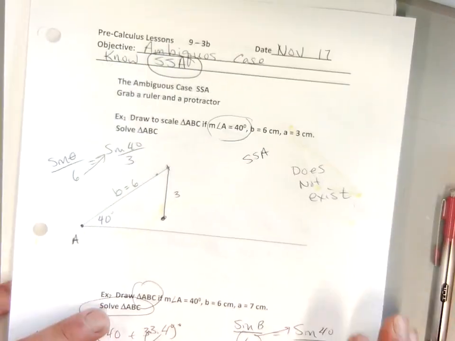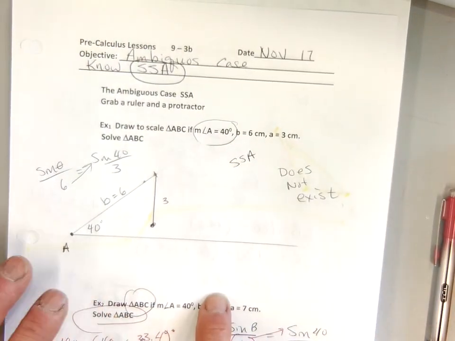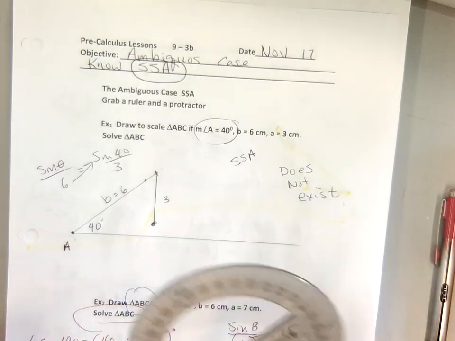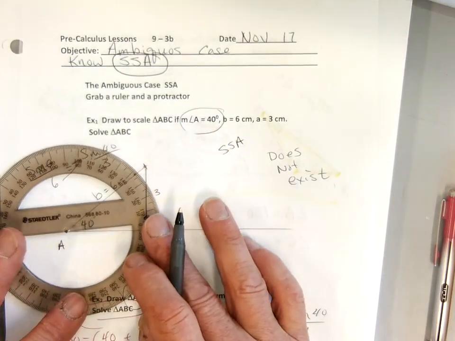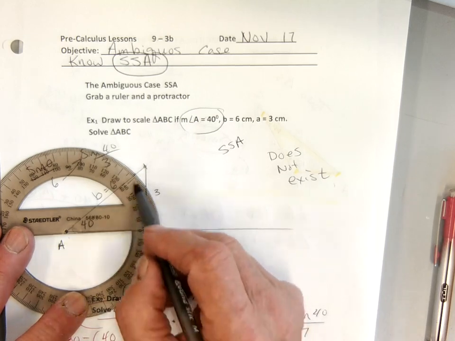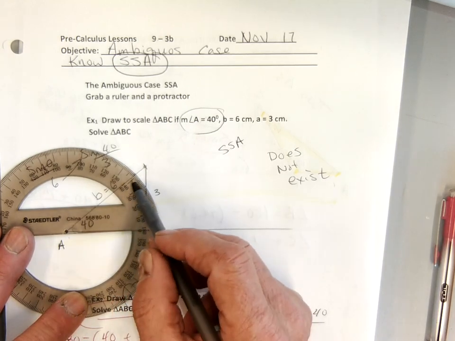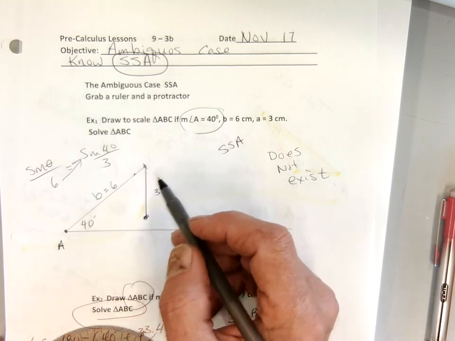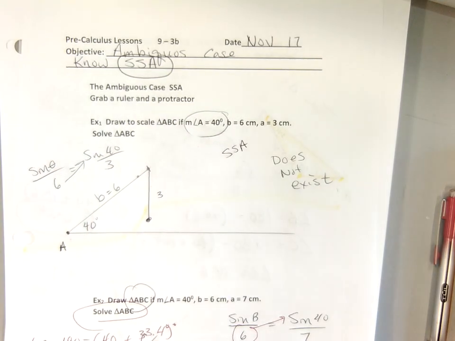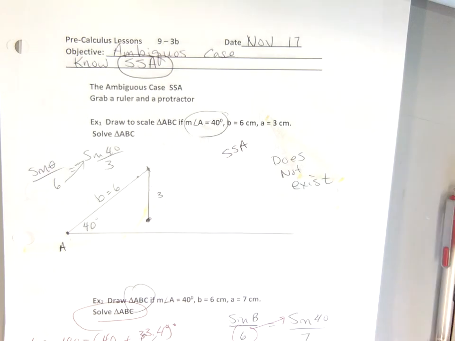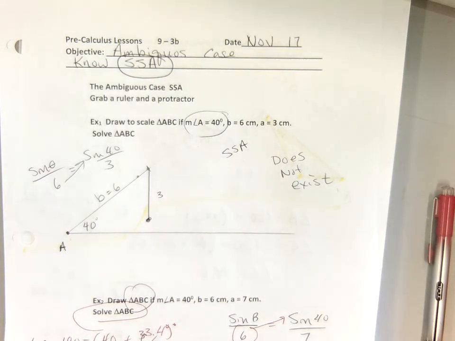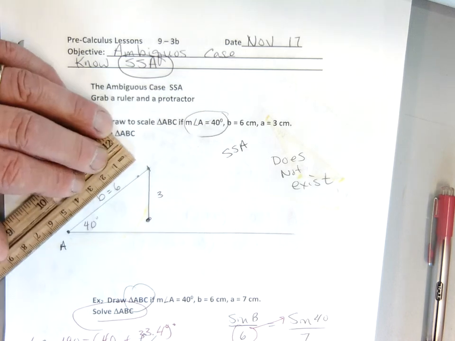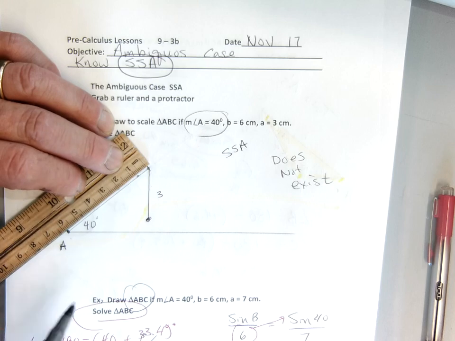First of all, in triangle 1, if I drew it to scale, I made a 40-degree angle. I used my protractor and got 40 degrees. I drew my angle. I used my ruler to measure this side, which is 6, and I drew that all the way to there.